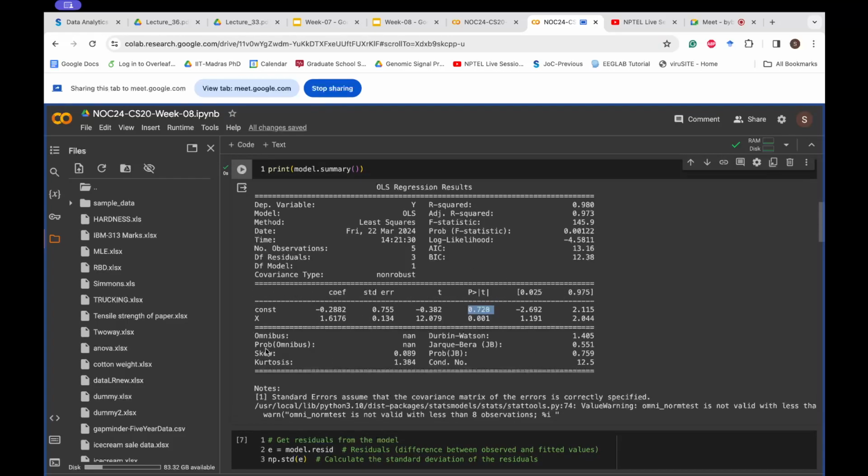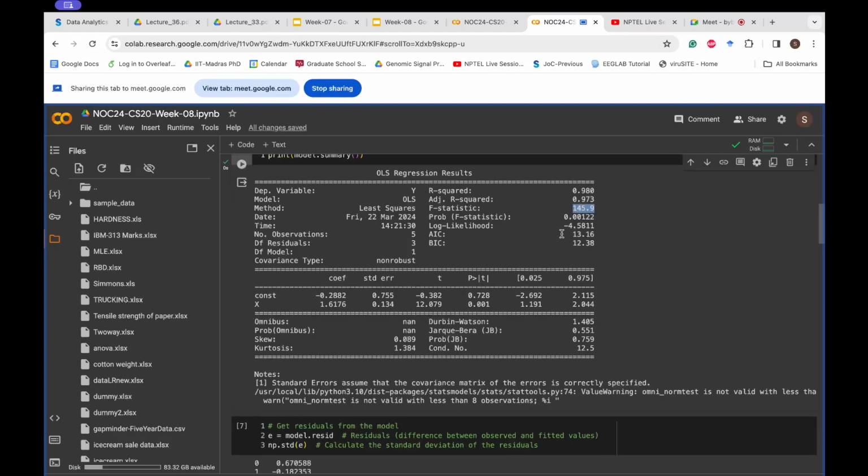And for the overall model, beta naught plus beta 1x, you have this f statistic, which is nothing but MSR divided by MSE. So the higher the f statistic value, the higher are the chances of rejecting the null hypothesis given the significance level, say by default it is 0.05.